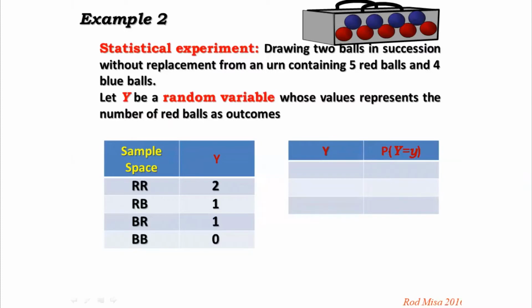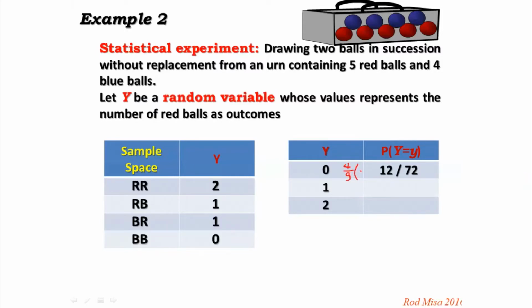Now, constructing our probability distribution, our random variable can assume the values 0, 1, and 2. And 0 has a probability of 12/72 since during the first draw, we only have a blue ball. Obtaining a blue ball in this urn of 5 red balls and 4 blue balls has a probability of 4/9.